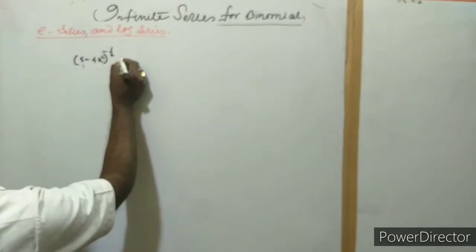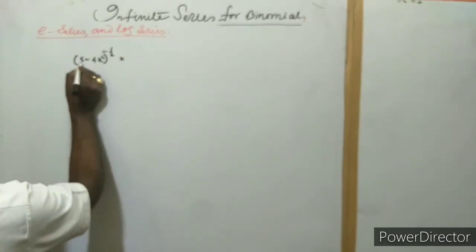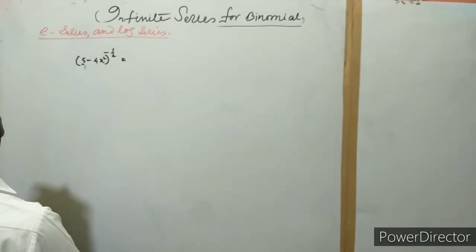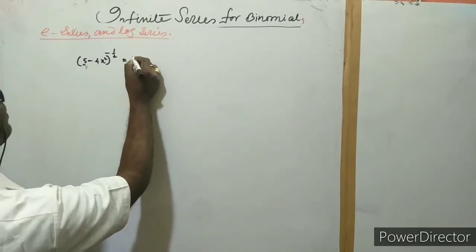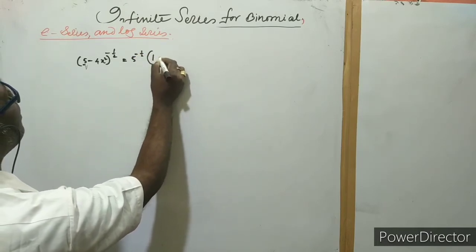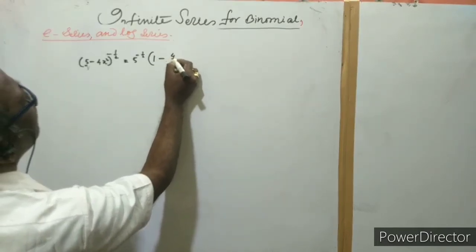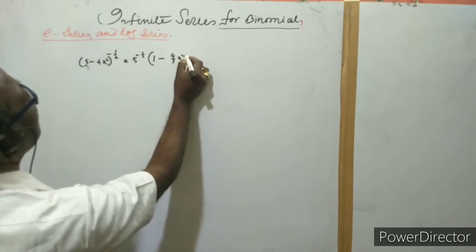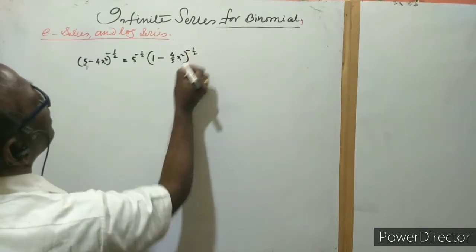So for expansion, we always convert it to 1, so take out 5 here. So 5 to the power minus half, and then we get here 1 minus 4 by 5 x square to the power minus half there.